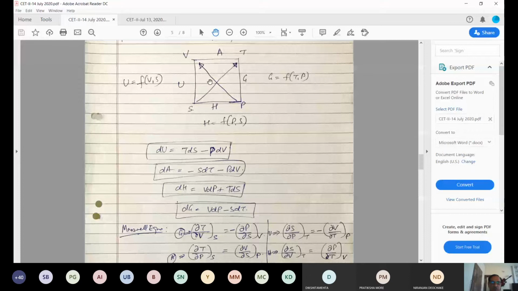So TdS will be negative because the arrow is pointing away from, positive, and here it is negative because it is pointing towards. Pointing away is positive, pointing towards is negative. We did the same thing just now when we derived it in Paint.